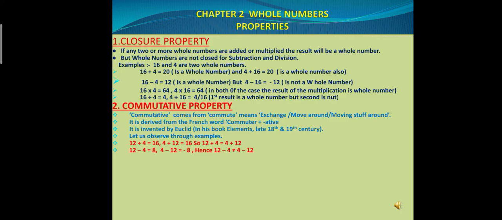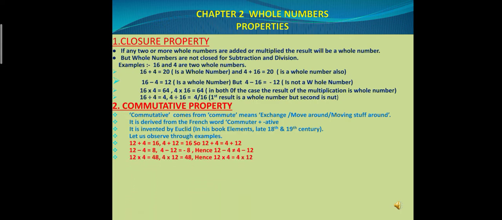But in case of subtraction, 12 minus 4 equal to 8, 4 minus 12 equal to minus 8, hence 12 minus 4 is not equal to 4 minus 12. We can write in algebraic form a minus b is not equal to b minus a.